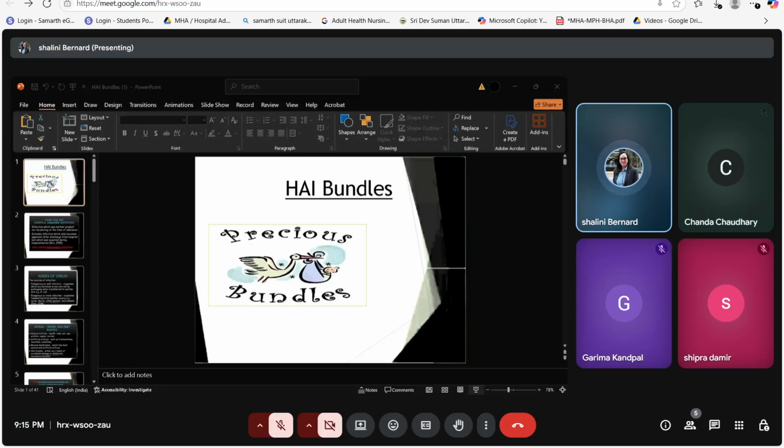How can we prevent ventilator-associated pneumonia? We have some measures which are called VAP bundles. By definition, ventilator-associated pneumonia is an airway infection that develops more than 48 hours after the patient was intubated. In preventing pneumonia there are many goals.